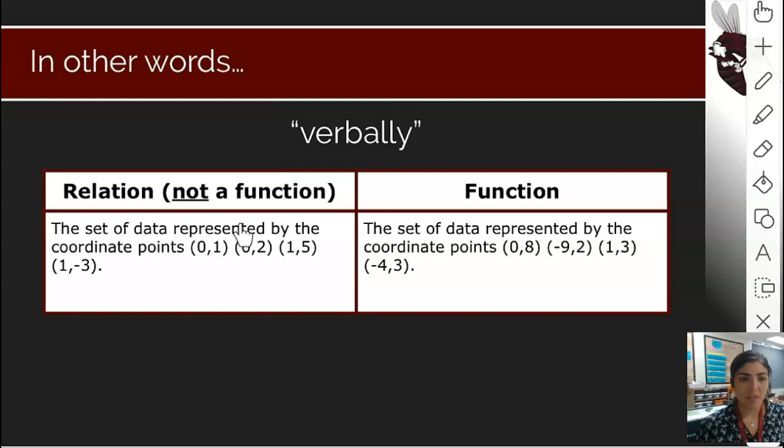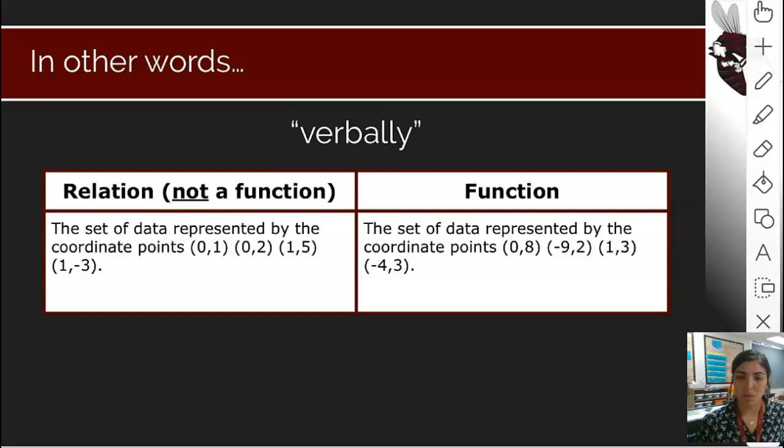Let's say you're given the set of data represented by the coordinate points (0, 1), (0, 2), (1, 5), and (1, -3). Now this is not a function because if you notice, the x value of 0 repeated twice with a different output. Also, the input of 1, or the x value of 1, repeated twice and they didn't have the same output.